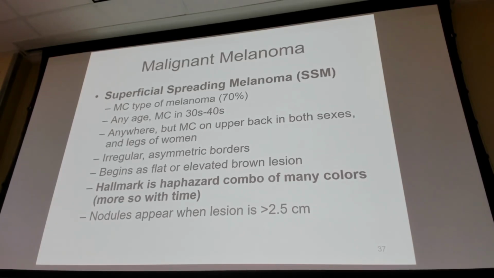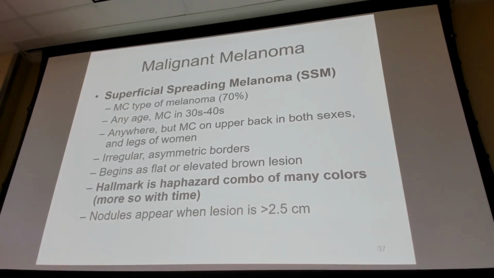This can happen at any age. Most common, 30s to 40s. Can happen anywhere. Most common is located on the upper back, as we saw in some of those ugly duckling pictures. Of course, it's not symmetrical, so it's irregular. The borders, hard to see.